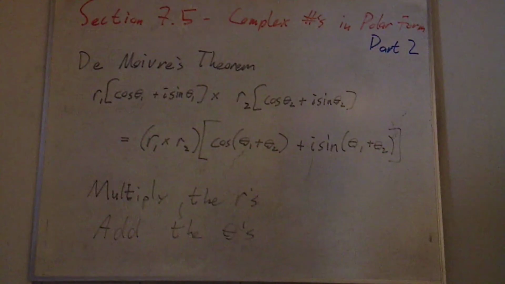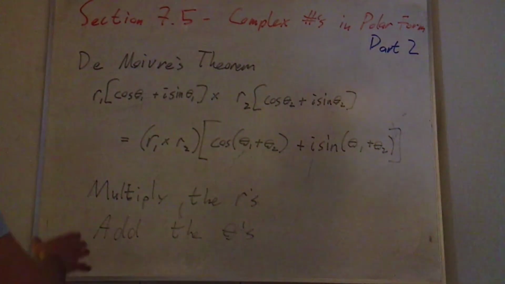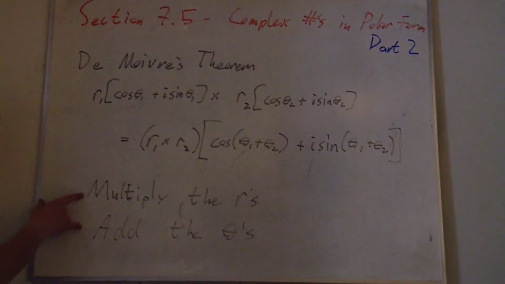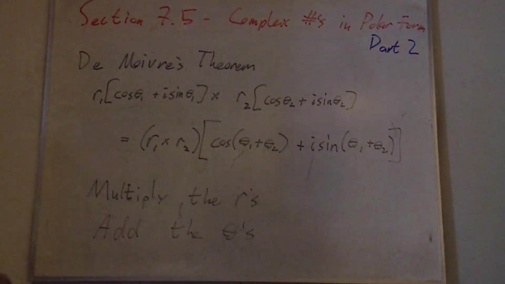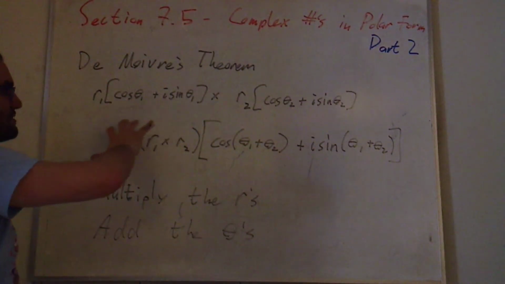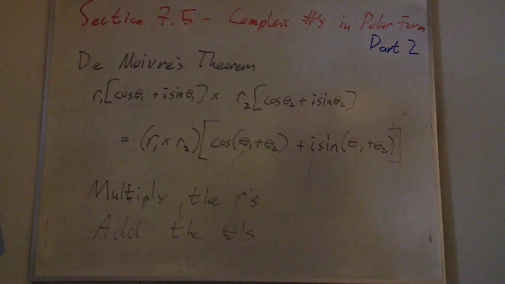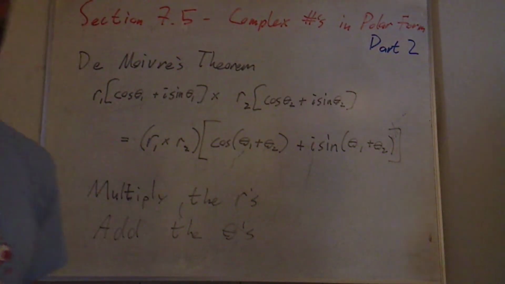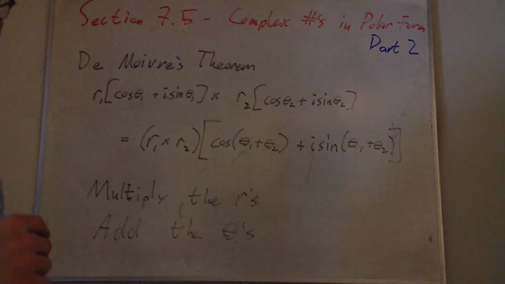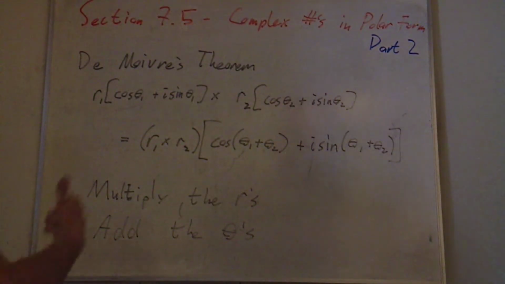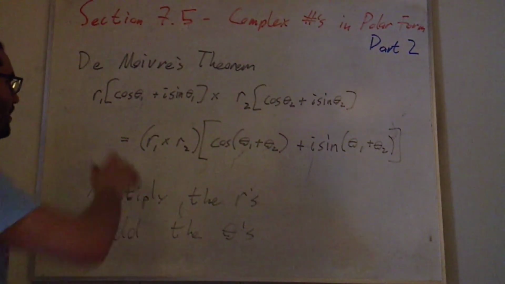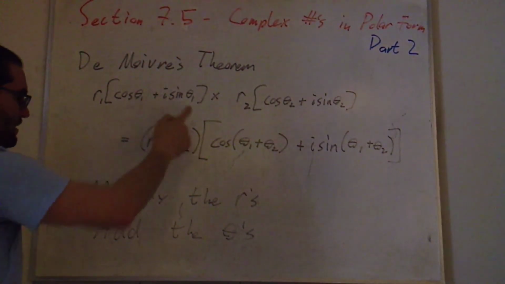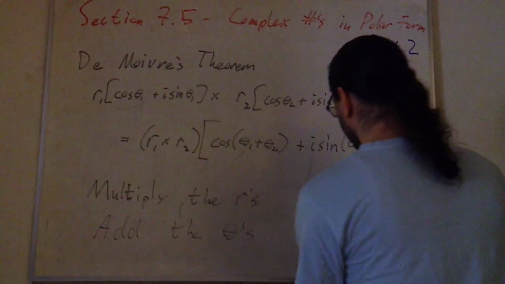And the ease of this process is pretty much the entire reason that we put complex numbers in polar form at all. In part one of this series, I mentioned that a lot of vocations will use a shorthand for this polar form, like r angle theta. I think it looks like this.